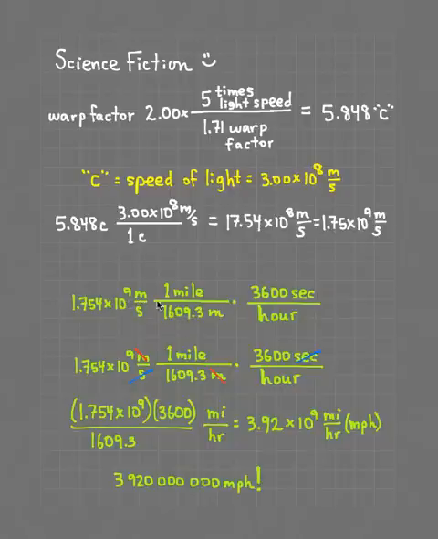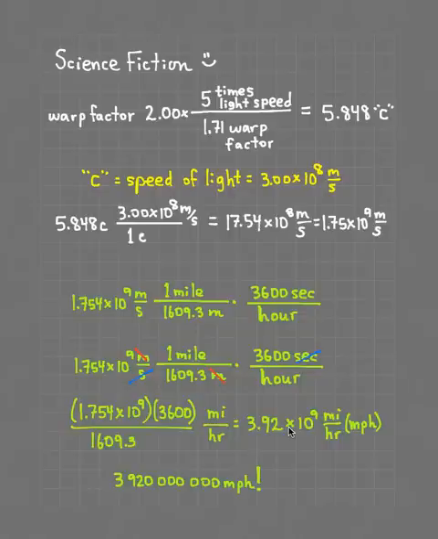Here I see I took the meters per second and changed them into miles per hour. So the meters go on the bottom and the seconds go on the top. It's true that 1 mile is this many meters. The meters cancel, and my seconds go on the top, 3,600 seconds in 1 hour. Seconds cancel. So 1.754 times 10 to the 9th times 3,600 divided by 1,609.3 gives me this number.